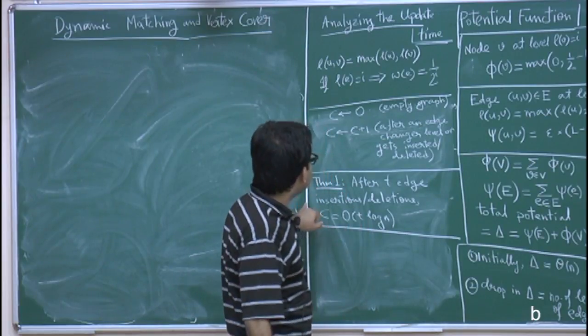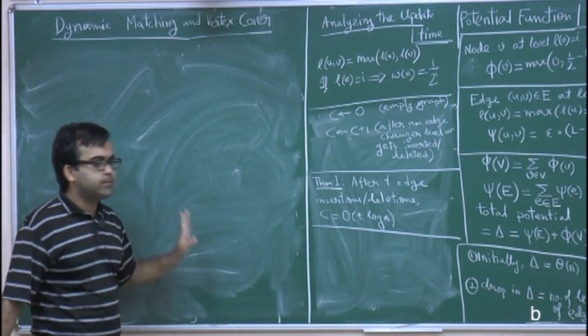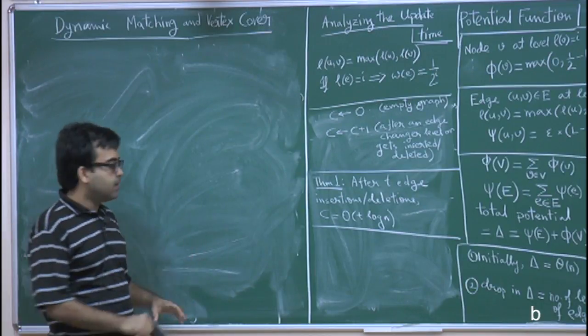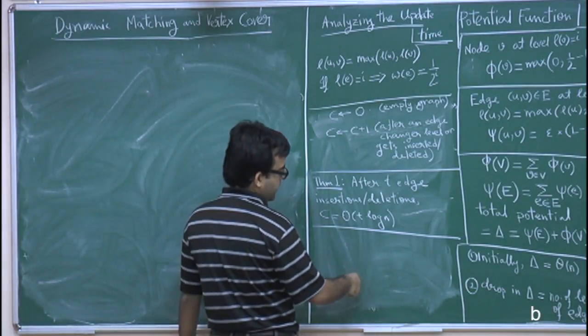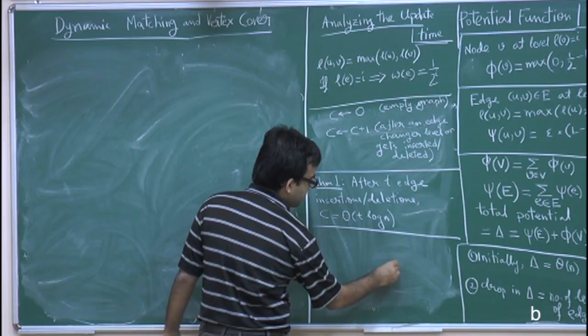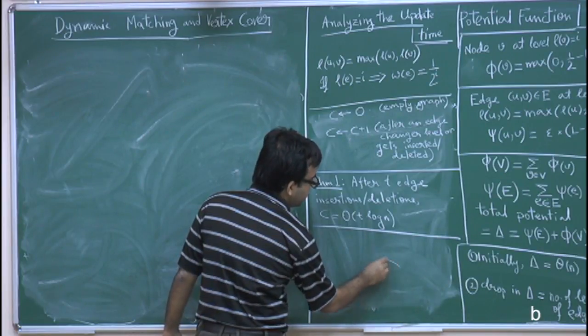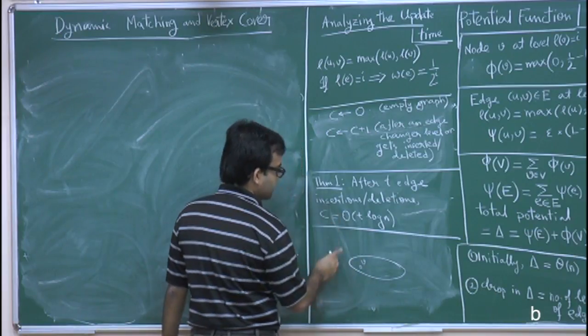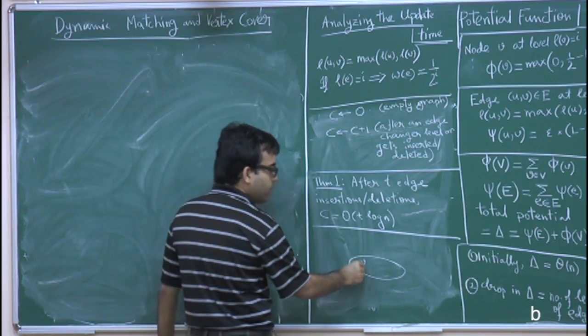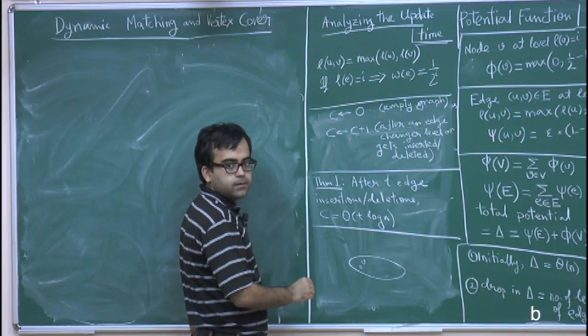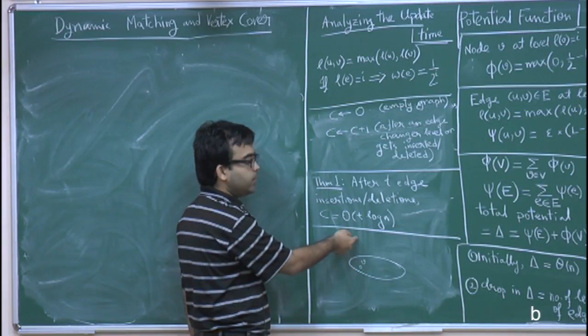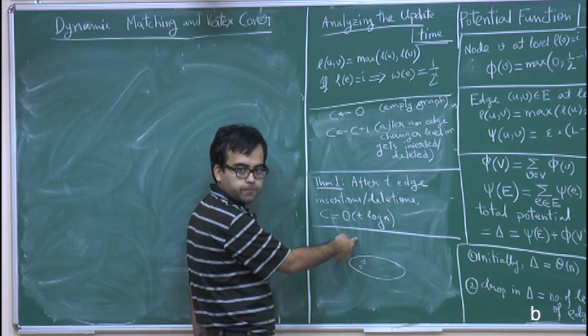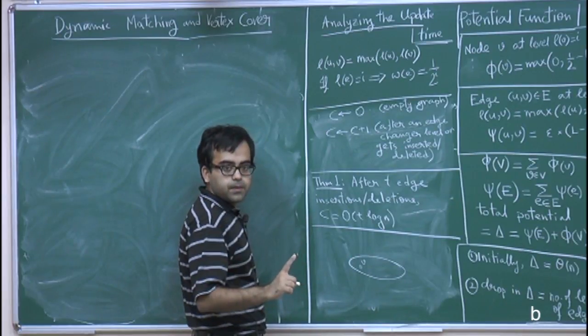To prove theorem 1, we will just slightly change our algorithm. By slightly changing our algorithm, I just mean this: earlier we were saying that a node V goes up when its weight increases beyond 1. This thing remains the same.